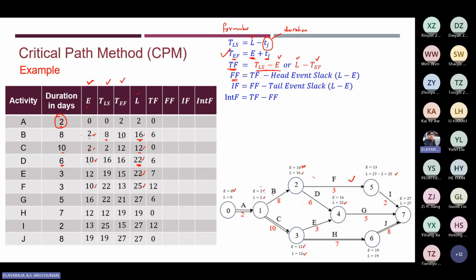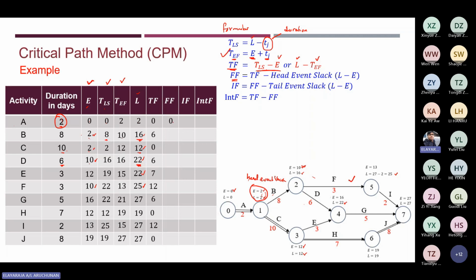The head event slack is the difference between L minus E. So L minus E, 2 minus 2, you get a 0. This is what we call head event slack. You subtract it from the total float. Total float is 0, so you get a 0.